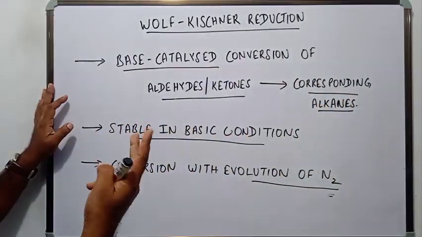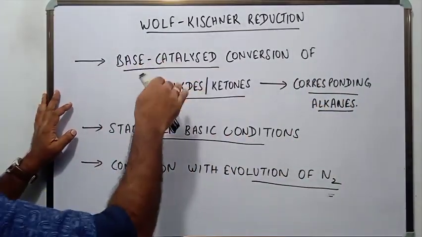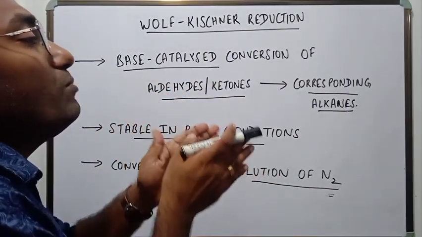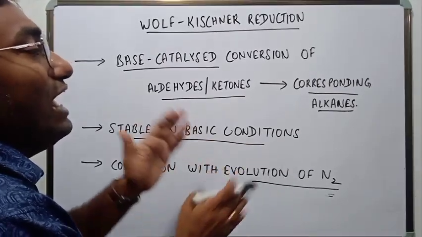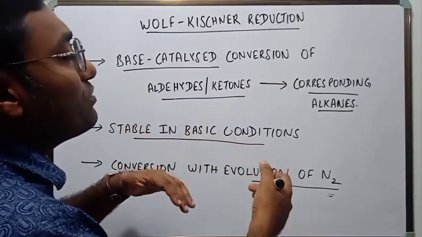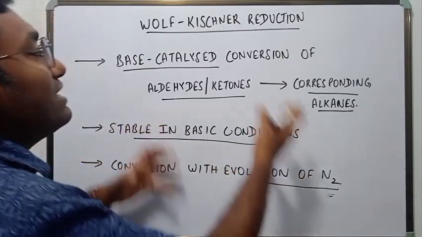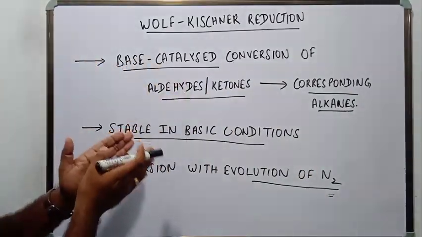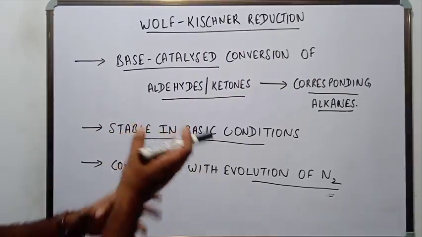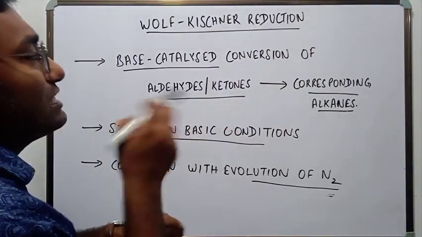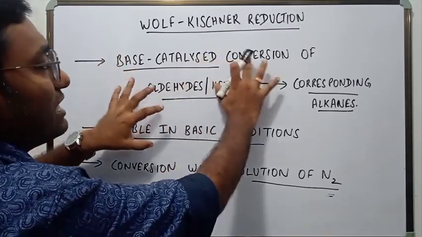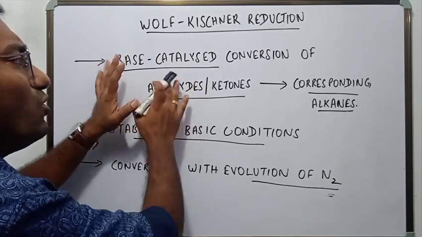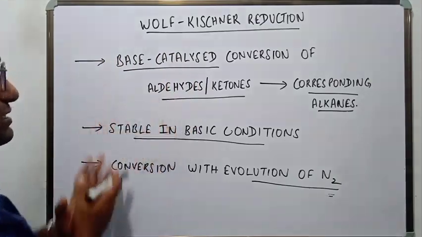The second thing is that the catalyst base doesn't form a part of the product. At a particular point it gets out and is recycled back into the reaction. That is the meaning of a catalyst: it doesn't form a part of the product, it is recycled back into the reaction system. We will see in the mechanism how it is recycled back and how it increases the rate of reaction.